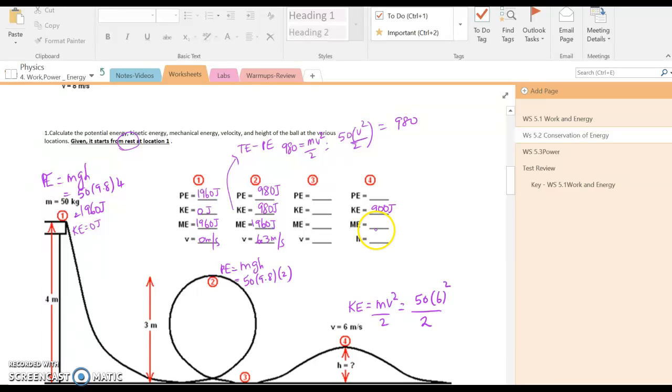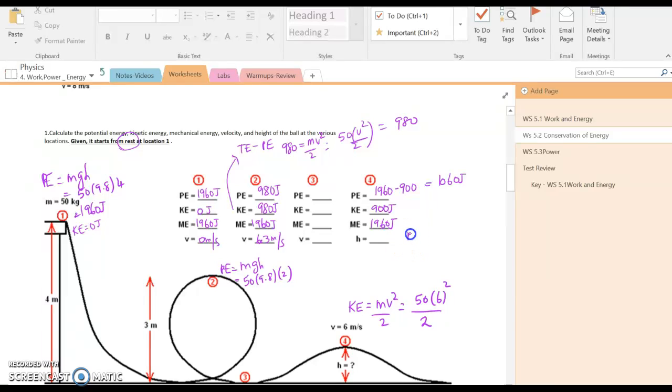What else do we also know about this position? We know the total mechanical energy is 1960 joules, which means our potential must be 1960 minus 900, which is 1060 joules. And if we know the potential energy, can we solve for the height?